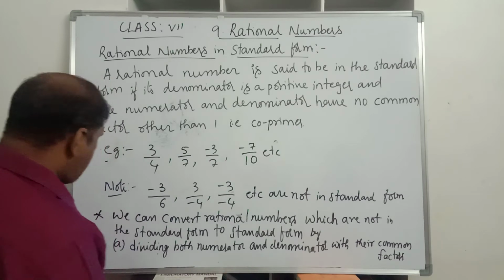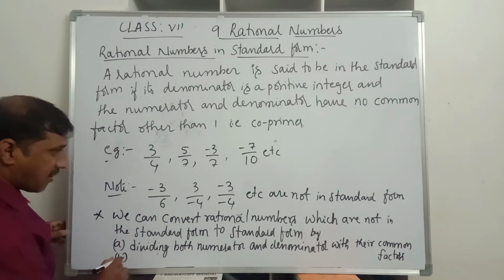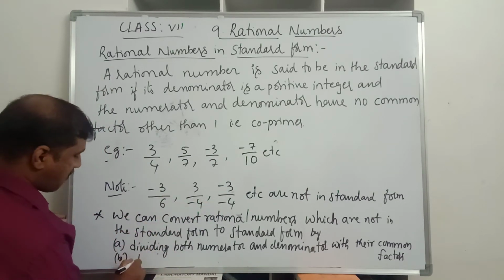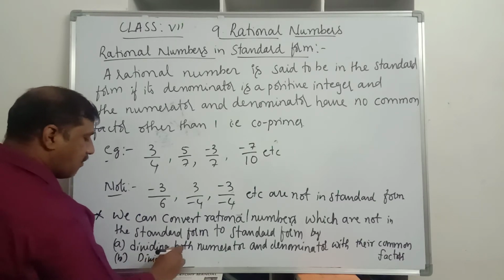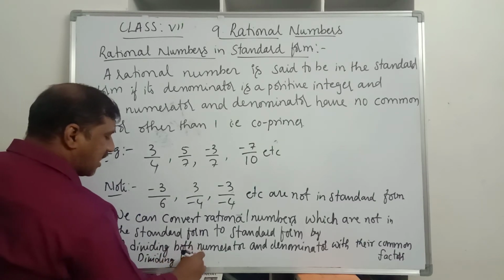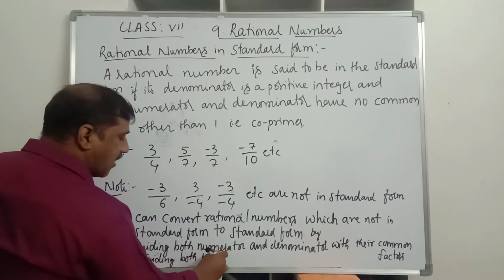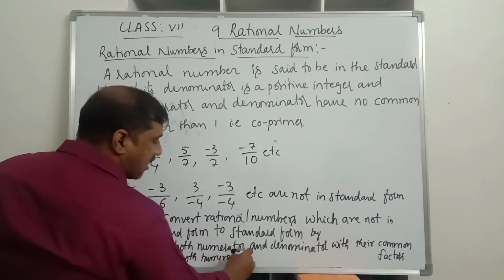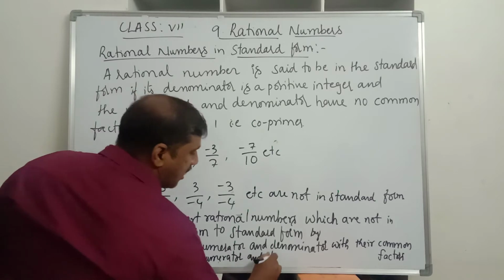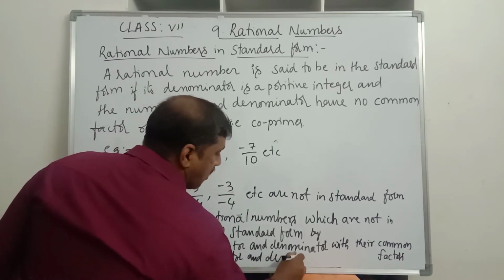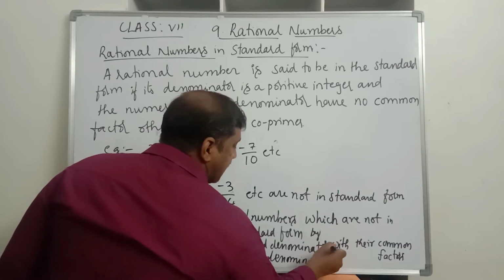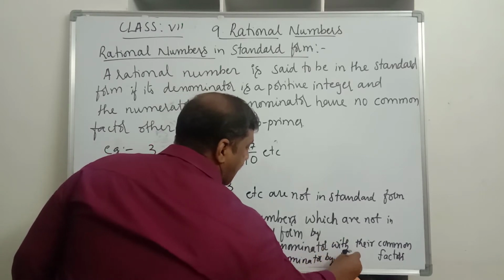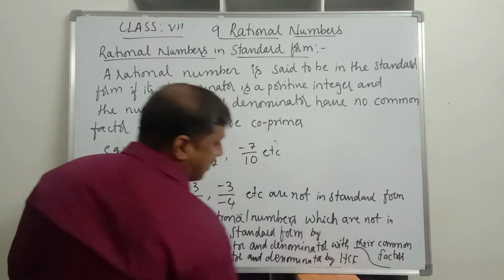How is it? By dividing both numerator and denominator by their HCF, that is, the highest common factor.